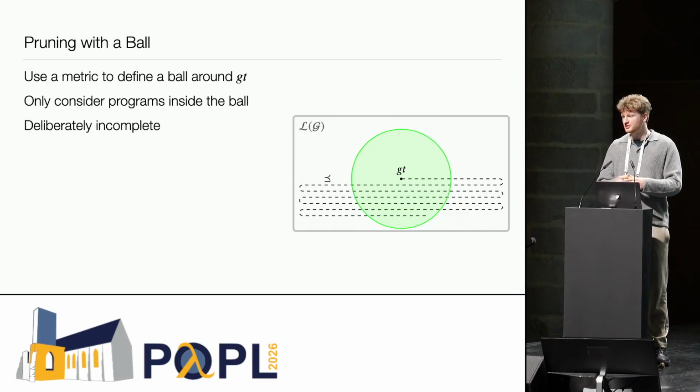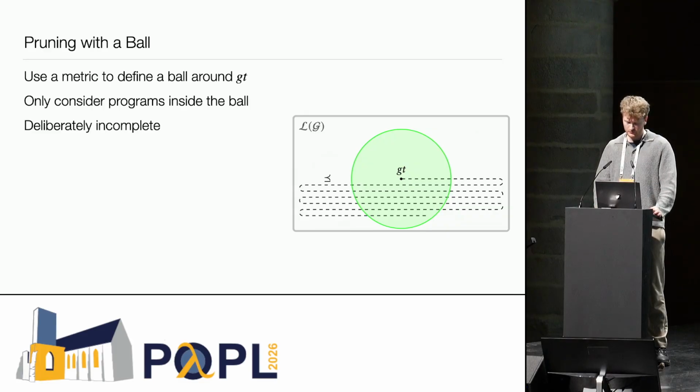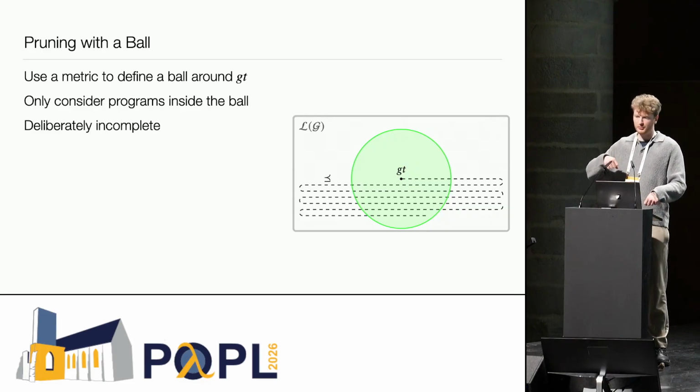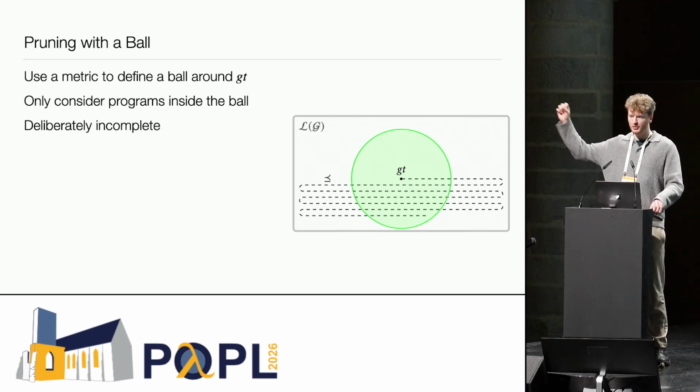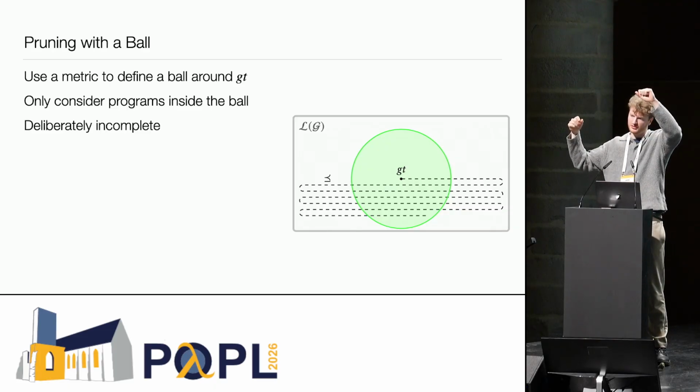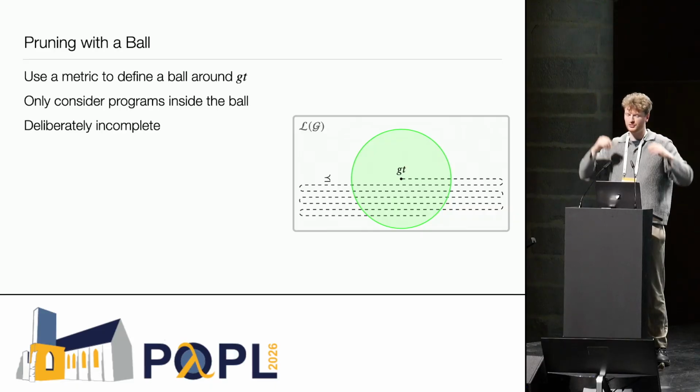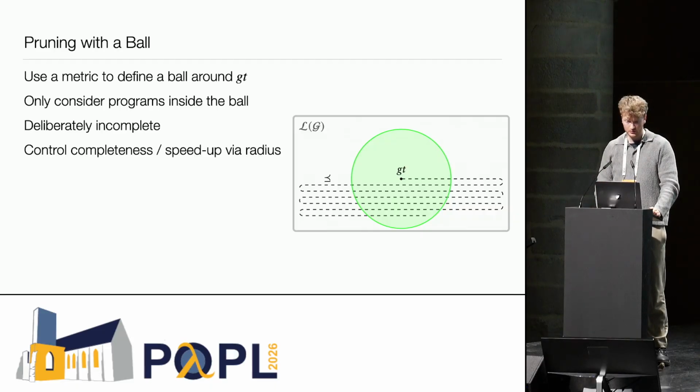Now, this approach is deliberately incomplete. You might have pruned a program, so a subprogram of your solution is outside the ball, so you have pruned that, but you need this to build your solution. And if you've pruned the program, you can't build the solution anymore. But you can control this completeness or the speed up via the radius of the ball.